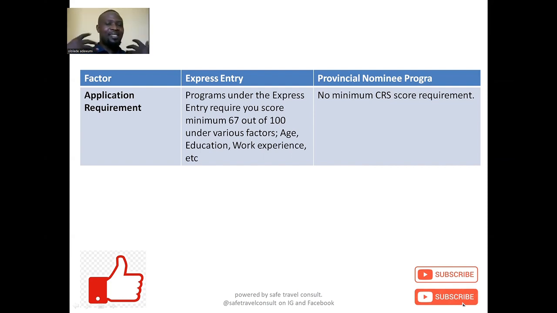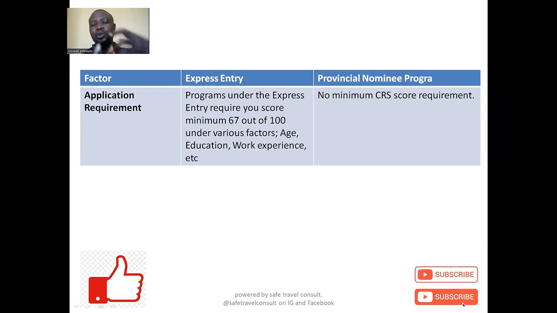What they mean by 67 out of 100 is that, to apply for Express Entry, for instance, your age must be between 18 and 55. For education, you have a minimum requirement of a diploma, though I will advise you to have a degree.